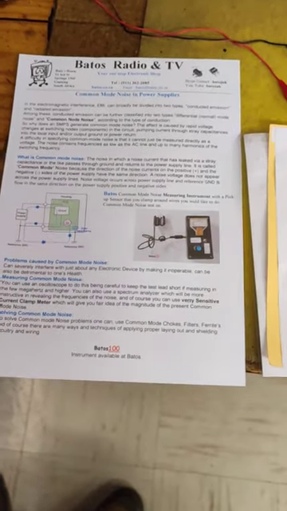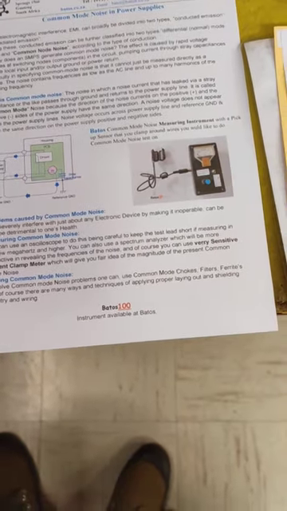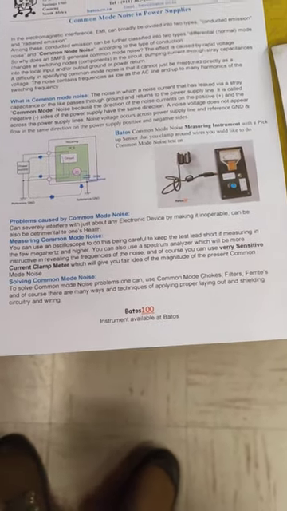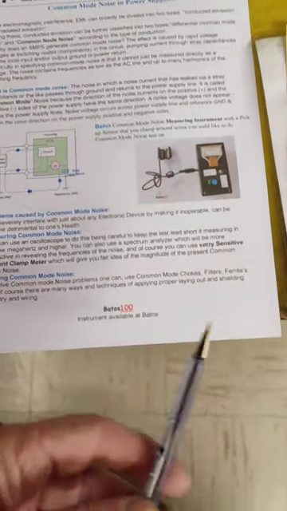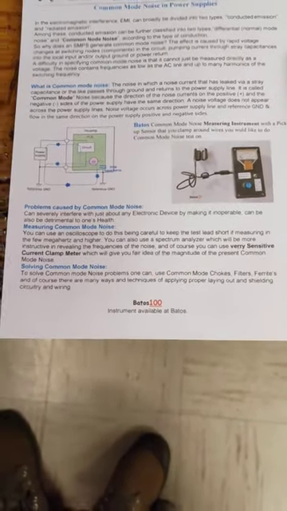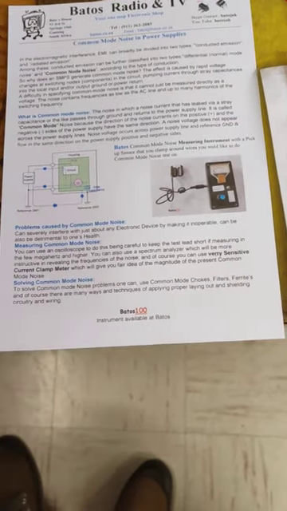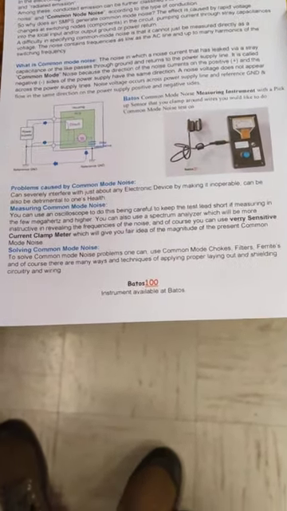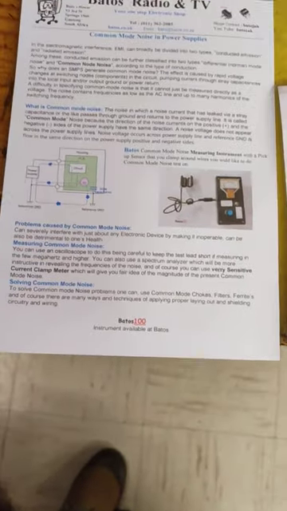Now, how do we solve it? Solving common mode noise problems, you apply different common mode chokes, filters, ferrites, and there are many other specialized techniques, such as applying proper layout and shielding of the circuitry and wiring.